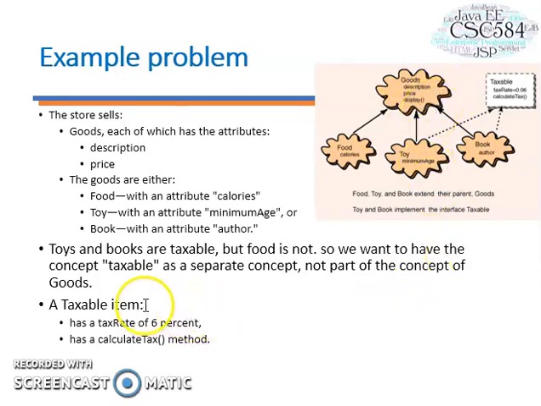A taxable item has a tax rate of 6% and it has a method to calculate tax in the interface of taxable.